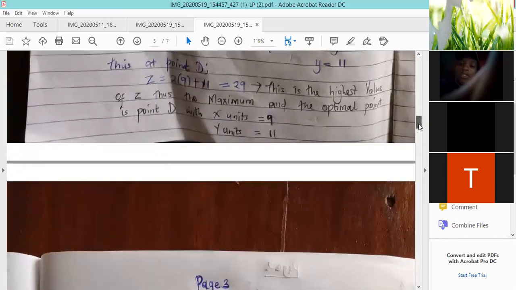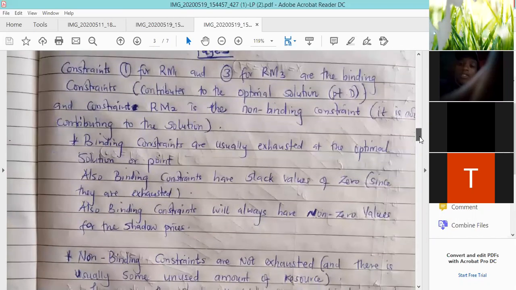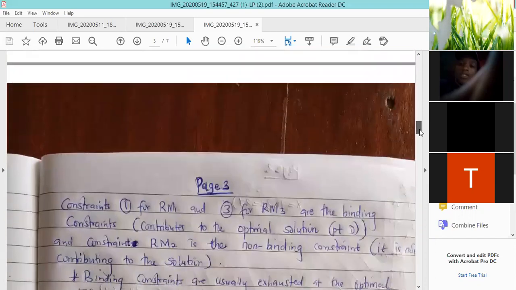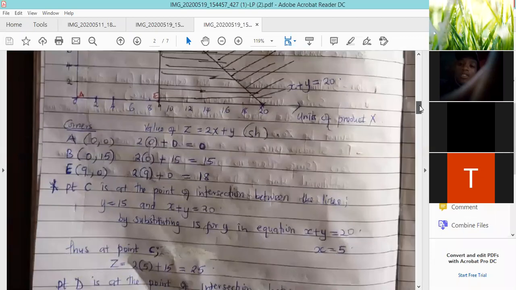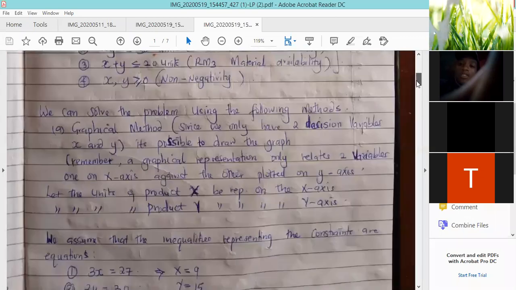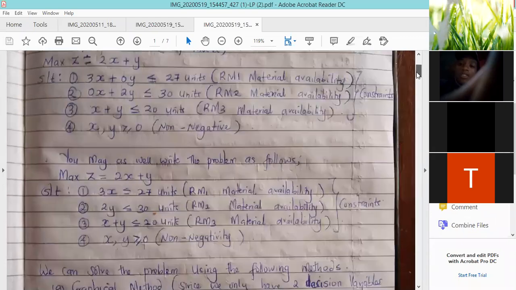So what I've done, class, I have come back to my constraints, which were given as the amount of LM1, LM2, as well as LM3. And I've substituted the units of X and the Y in the various constraints that we had.